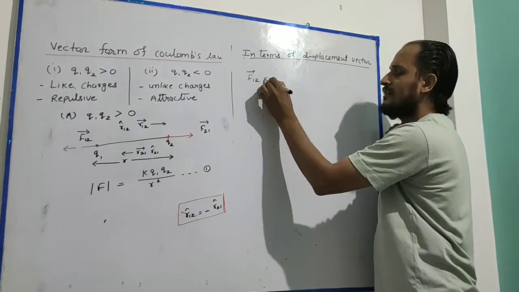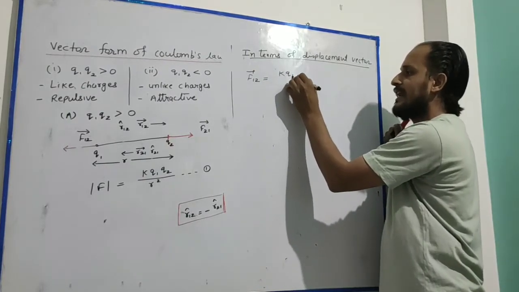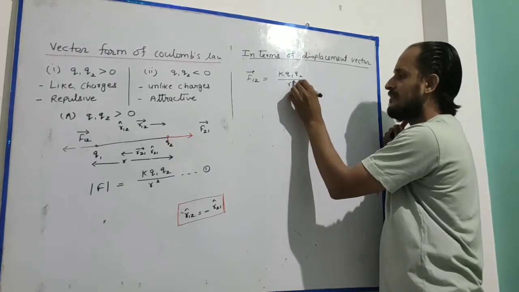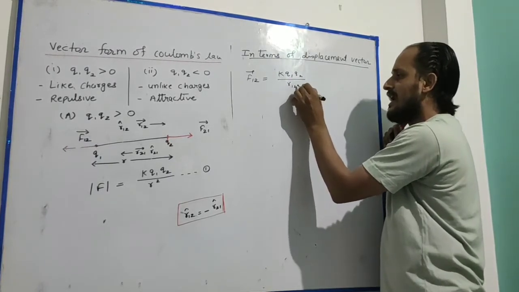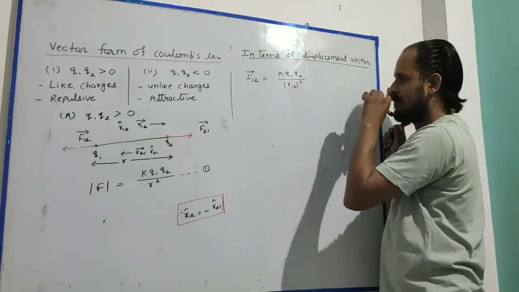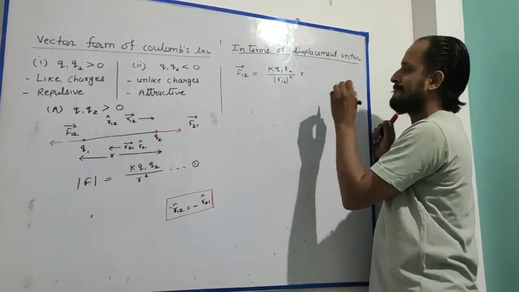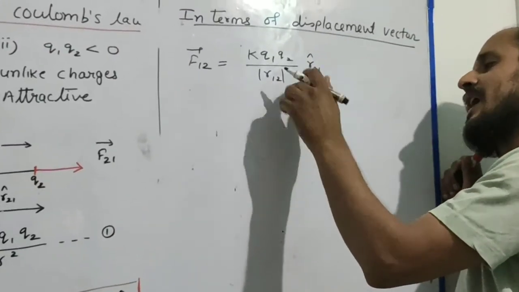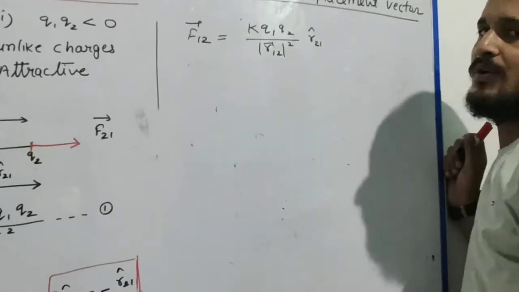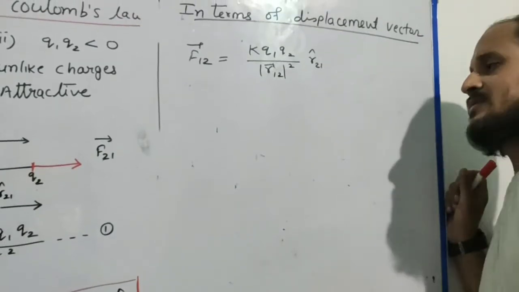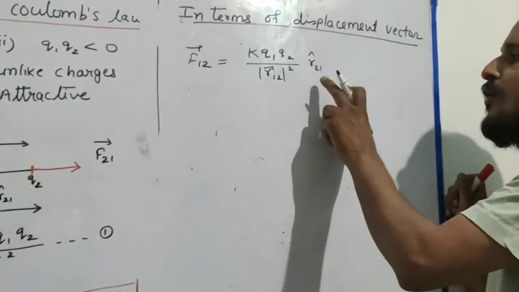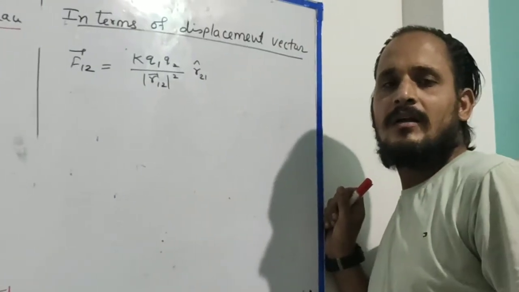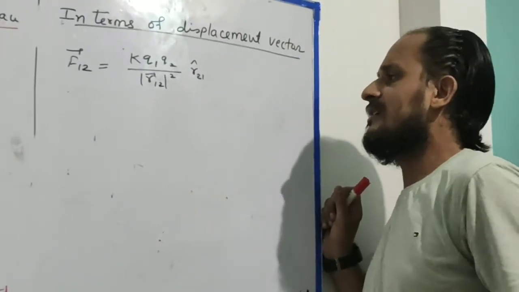F12 vector is equal to K Q1 Q2 upon R square, or we can write R12 square, R21 cap. Either we can write R12 or R21 because we know the magnitude is the same. How can we express it in terms of displacement vector?